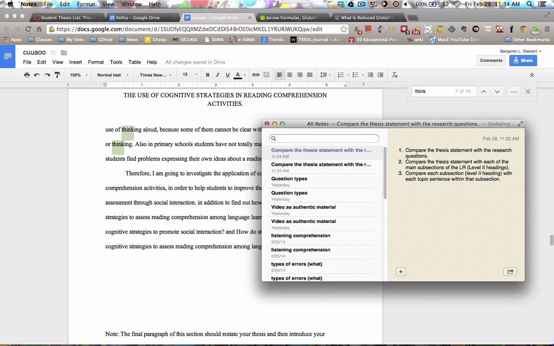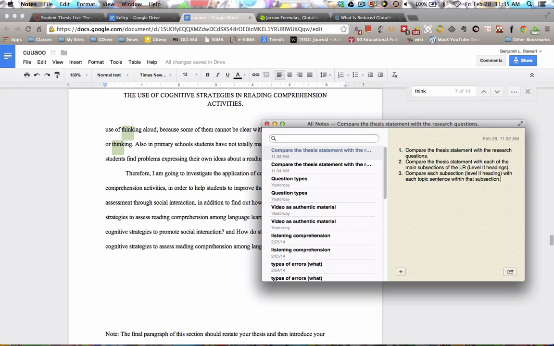So I'm going to look at the first heading, that first section, and then I'm just going to look at the topic sentences, 1, 2. I'm not going to read the whole paragraph, just the topic sentence. I'm going to look at the order. Does it make sense that you're talking about this before this? Or should maybe that second paragraph be first? The order is really important.